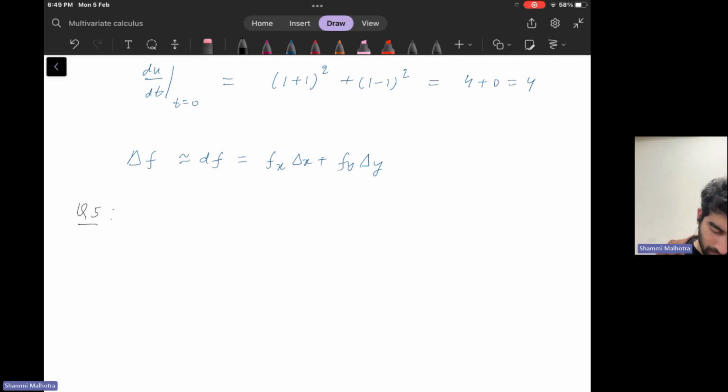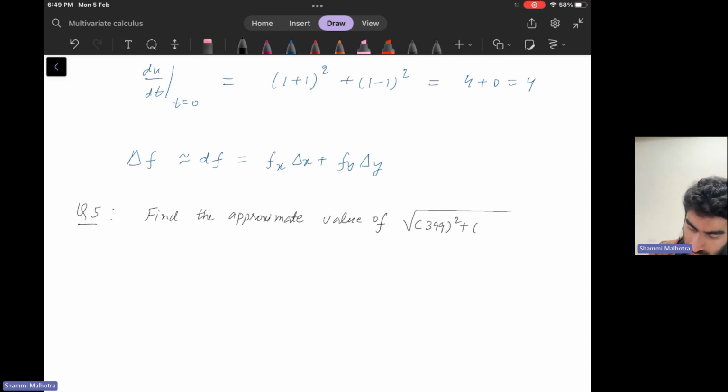So the question is: find the approximate value of the square root of 399 square plus 302 square. So I have to find the approximate value of this function.